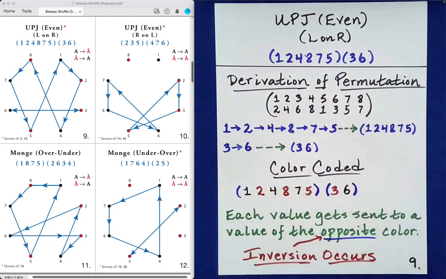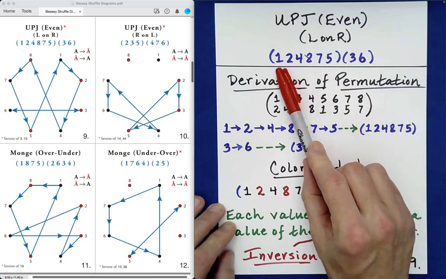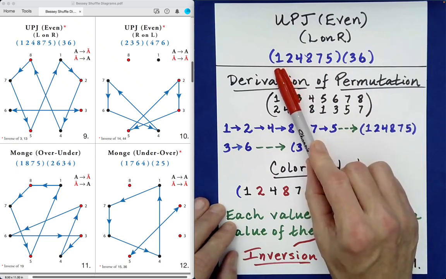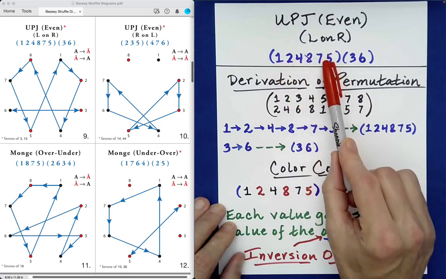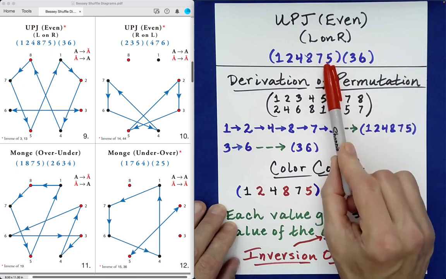Also, I should point out that we're looking at a 6 cycle, and I believe that's the longest cycle length that we've seen thus far. So in particular, what this will mean is it will take 6 applications of this particular shuffle to reset the packet back to its original order.